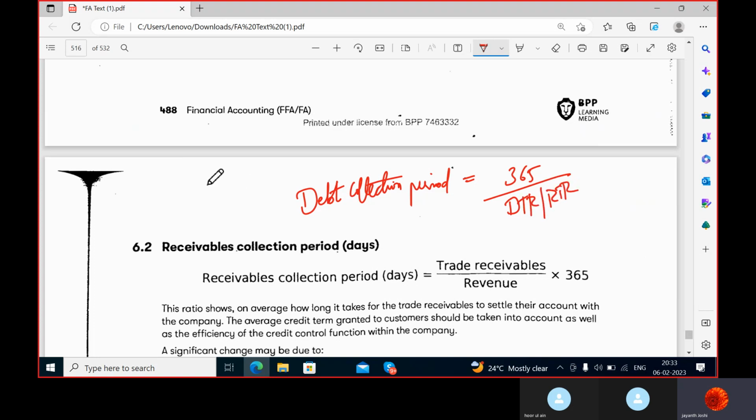So now, 365 divided by, what's the formula for receivable turnover ratio? Net credit sales. Okay, or I can write revenue.